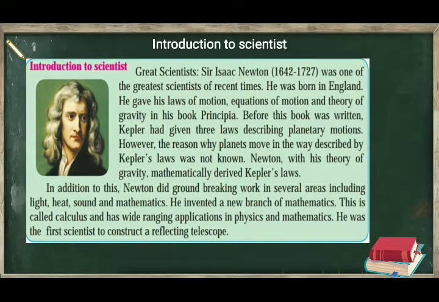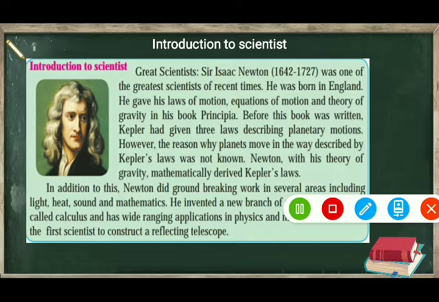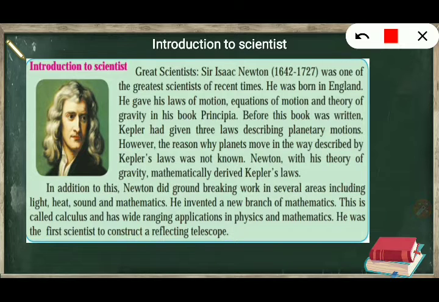Now this is the introduction to the scientist Sir Isaac Newton. He was one of the renowned English scientists everyone knows about, and he was born in England. He gave the laws of motion, equations of motion, and theory of gravity in his famous book known as Principia.